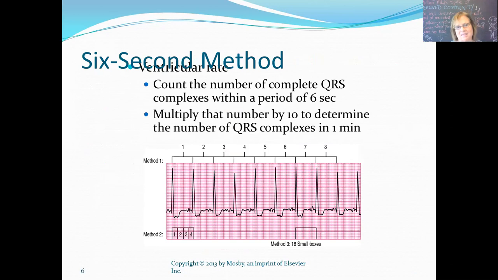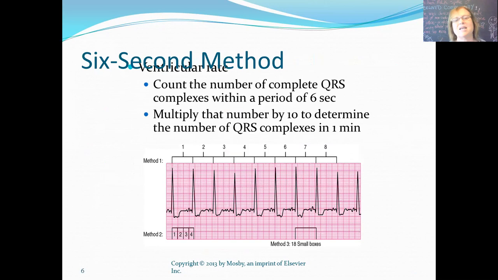So if you had 6 in 6 seconds, multiply that by 10, you have a heart rate of roughly 60. If you had 7, you multiply it by 10, you have a heart rate of roughly 70. In this case, we see 8 complexes. We multiply that by 10, and we have a heart rate of roughly 80.